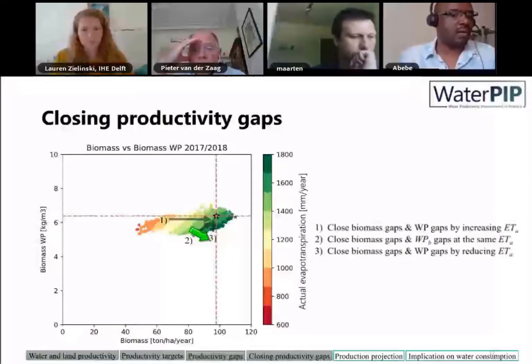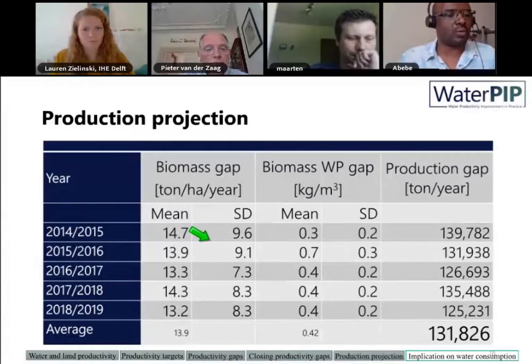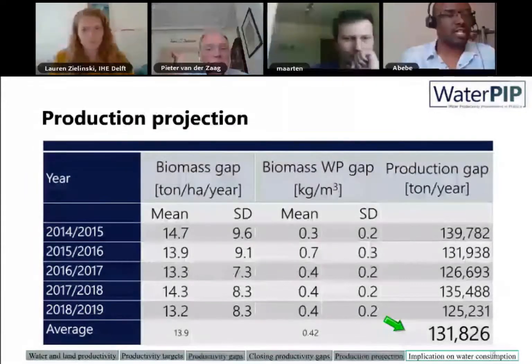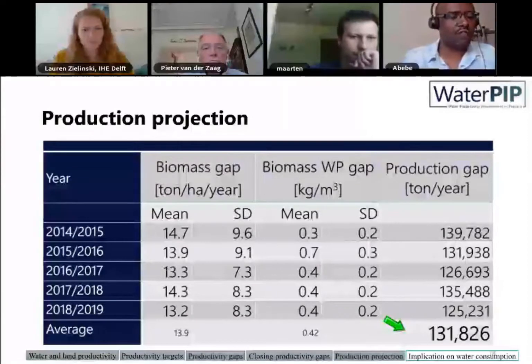So then, if we close those productivity gaps, what is the implication for production? The implication is already indicated per year, as the average gap.